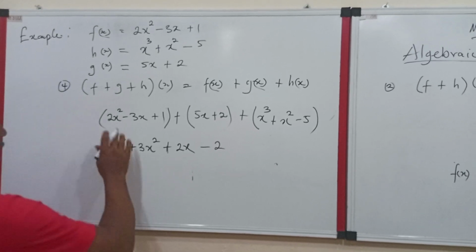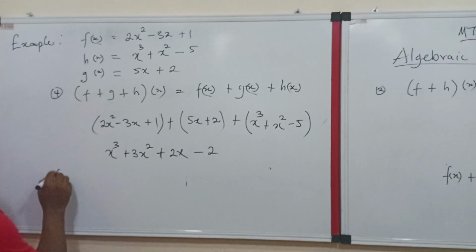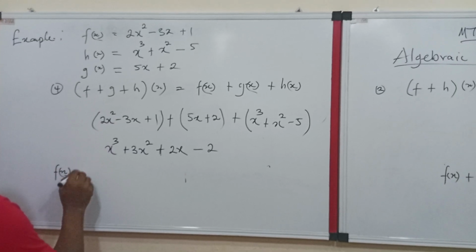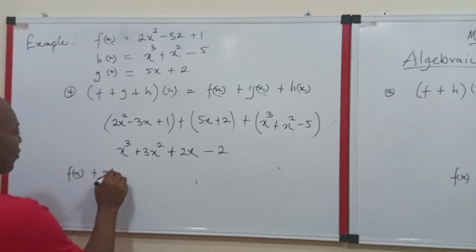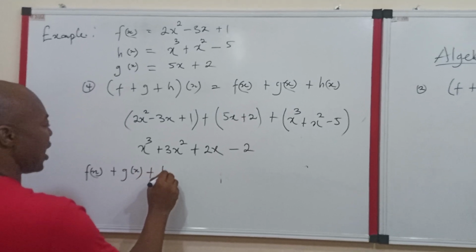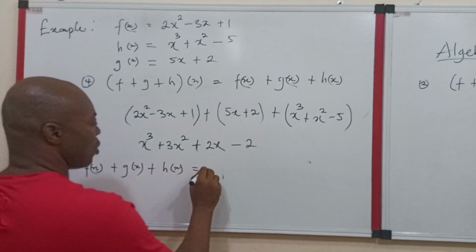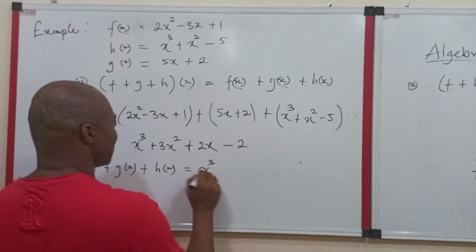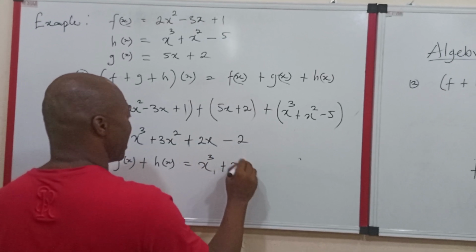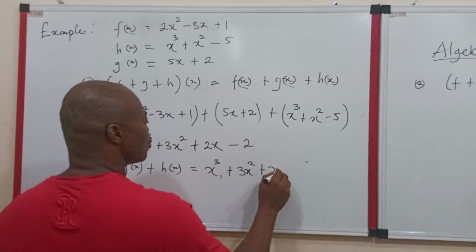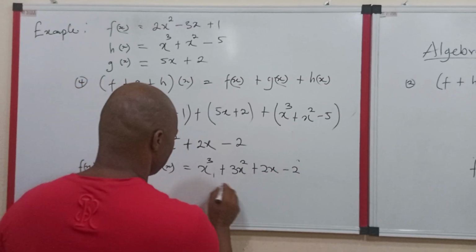So that's what we have after combining all, meaning that f of x plus g of x plus h of x is equal to x raised to the power 3 plus 3x squared plus 2x minus 2.